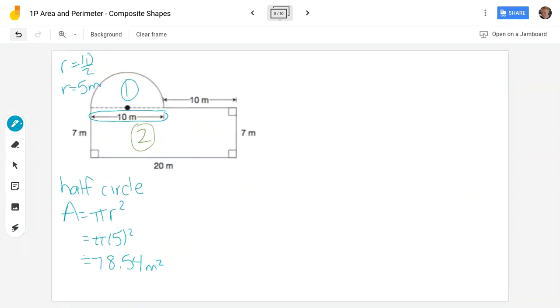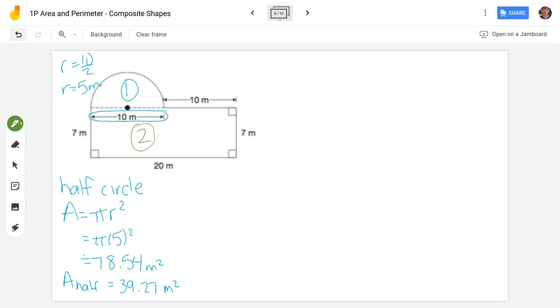So that's the area of the circle. The area of half of that, I'm just going to write area half, would be this divided by 2. So we get 39.27 meters squared.